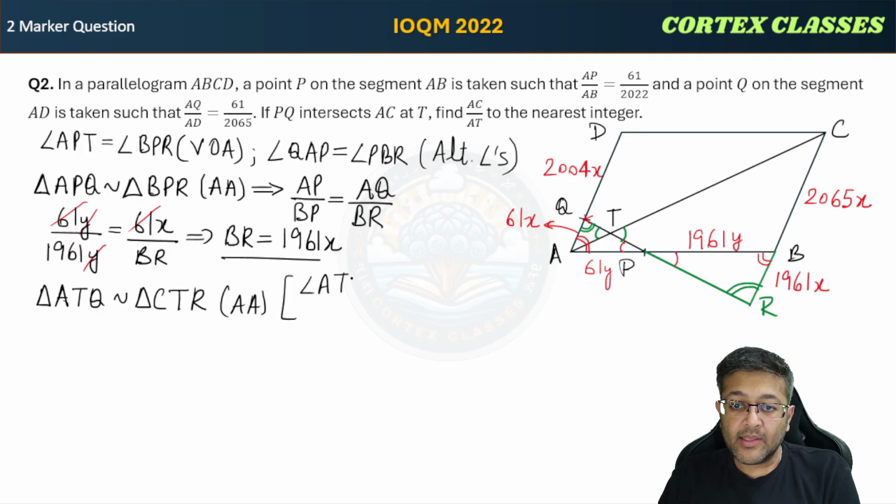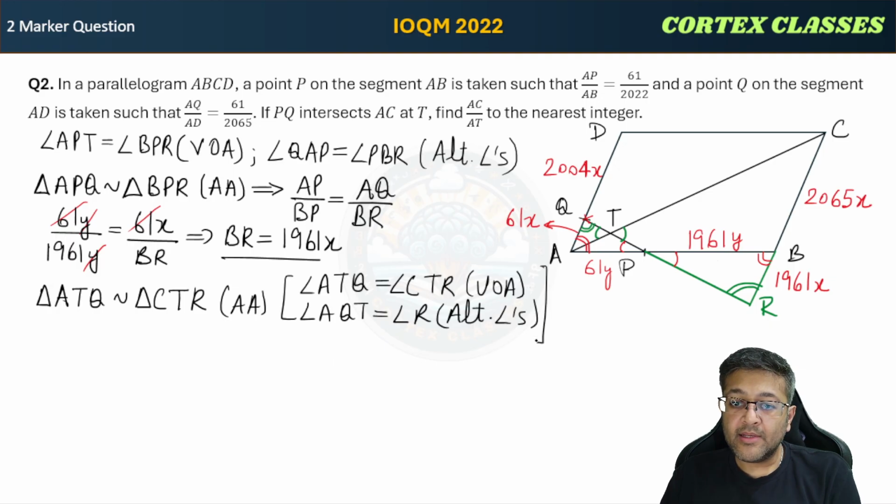Angle ATQ is equal to angle CTR. These are vertically opposite angles. And the other angle, angle AQT, is equal to angle R, right? The reason is alternate angles. So due to this, the two triangles are similar now, right?